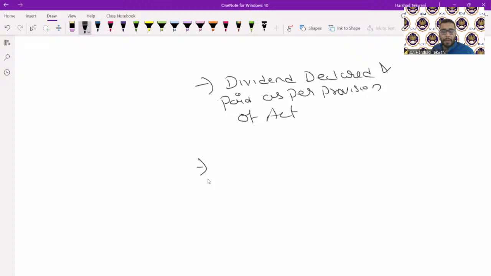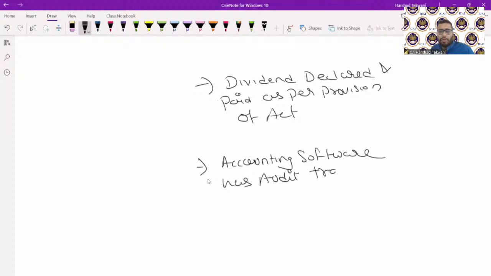So whether the accounting software has the audit trail feature.